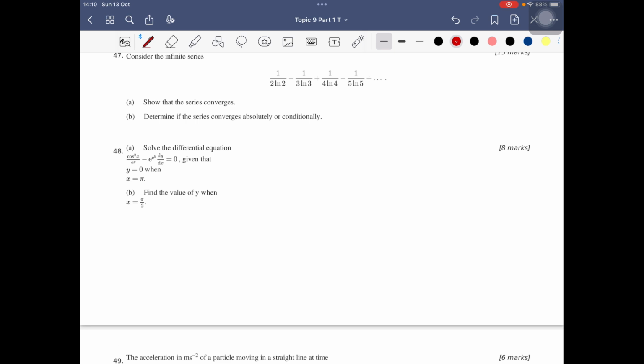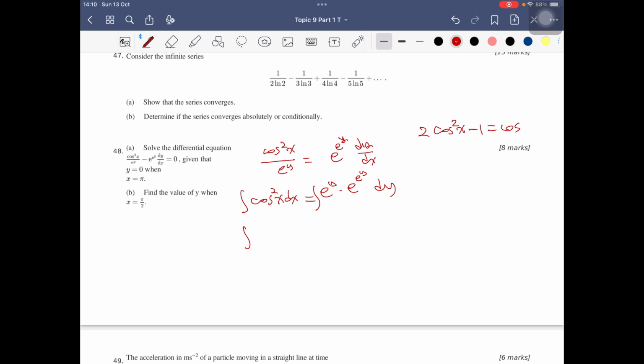48, let's try this one. So cos squared of x e to the power of y is e to the power of y dy over dx. So e to the power of y, e to the power of e to the y dy equals cos squared of x dx, integral. Cos squared of x, when we use the cos double angle identity, is 1 over 2 cos 2x plus 1.